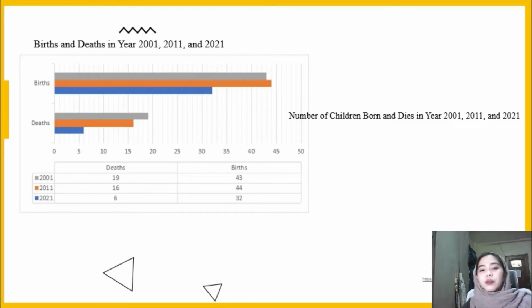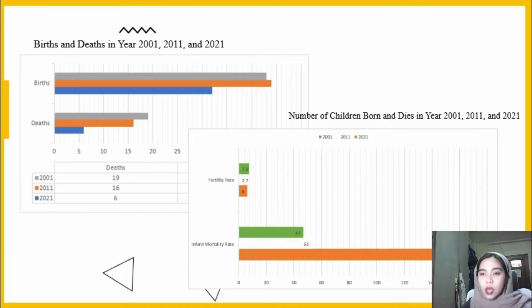So for the number of children born and dying in the years 2001, 2011, and 2021. As you can see, the fertility rate is 7.5. So in each mother, there's actually like six to seven children born. So the fertility rate in 2001 is 7.5. In 2011 is 2.7. So pinakamaliit is in 2011, and then in 2021 is 6.